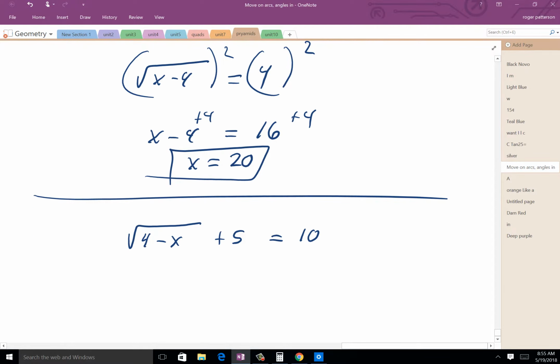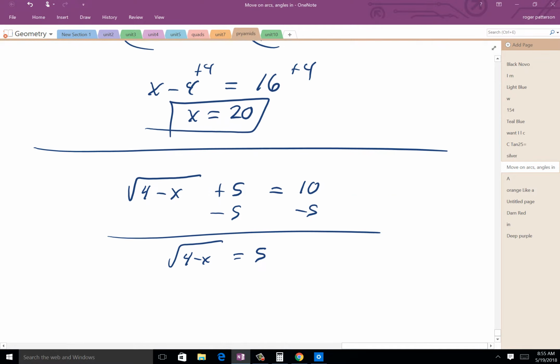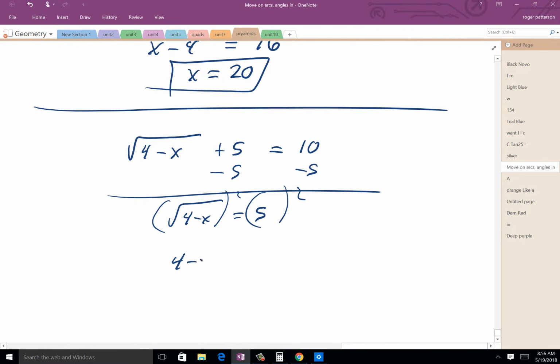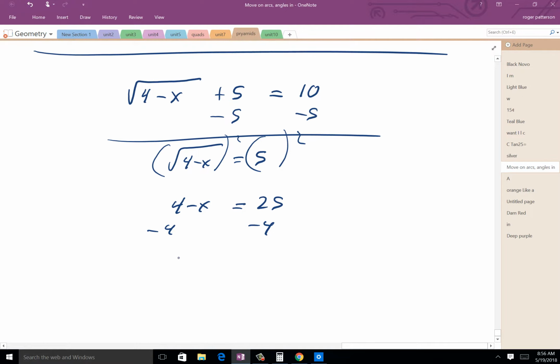Okay, so let's try something like this. Again, we're going to move this over here. And you say, well, what's the difference in this one? Well, when you square here, you get 4 minus x, where everything else has been pretty positive, right? So x has to be a negative 21.